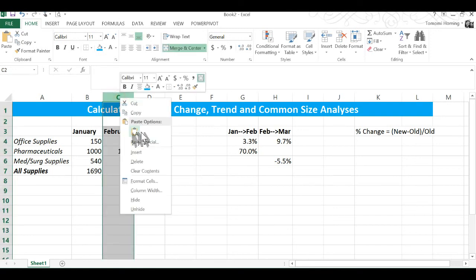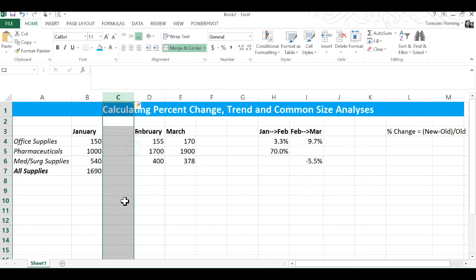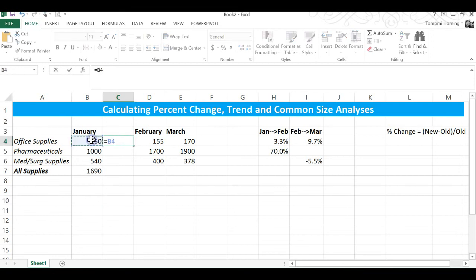I'm going to add a new column here so that we can see how much of January's office supplies spend was as a proportion of all supply spend in January. So for that, we do equals January's office supply spend divided by all supply spend for January. We're going to do absolute referencing because we want to lock in the 1690.